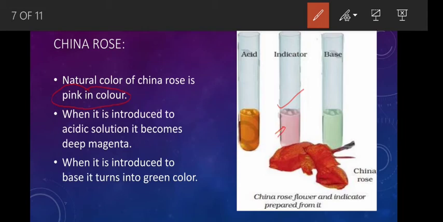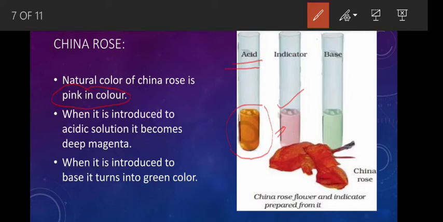First we will introduce it to acidic solution, it becomes deep magenta. Which color, children? Deep magenta. Previously, of what color it was? Light pink. But when you introduce it to acidic solution, it becomes deep magenta, right?